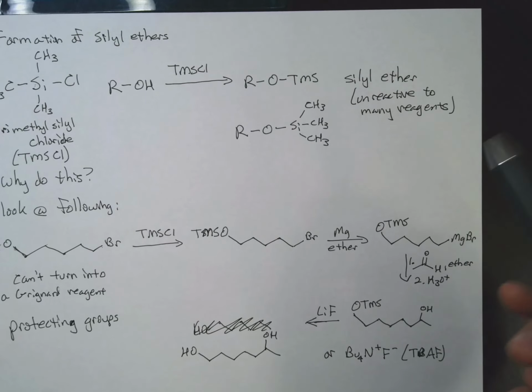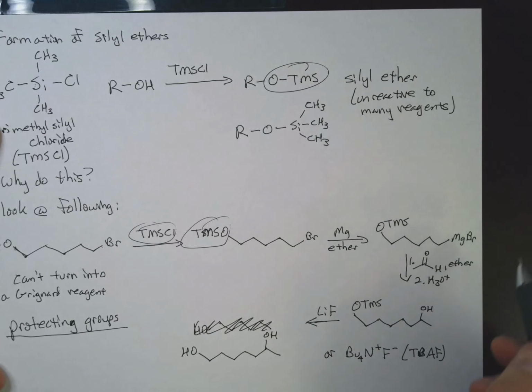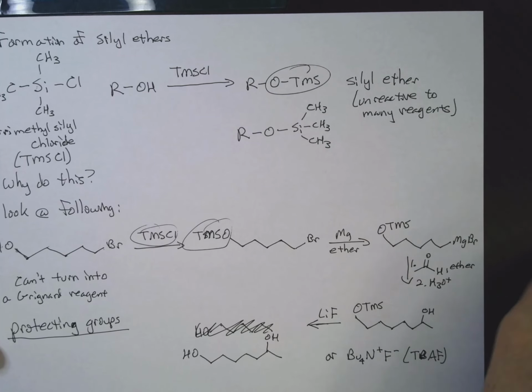All right. So we call these things protecting groups. Okay, our TMS, that's a kind of protecting group. So we've got our OTMS, that's our protecting group. Okay, so remember, good chemists always use protection when they're doing synthesis.